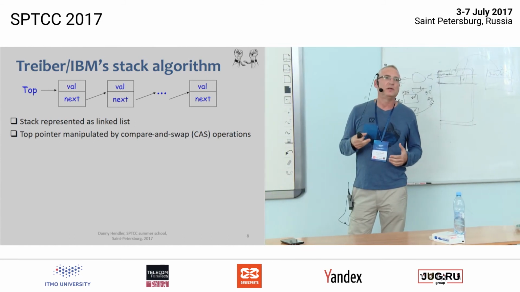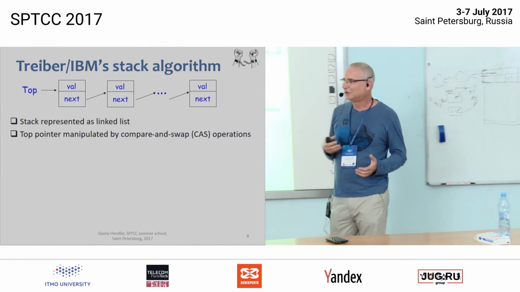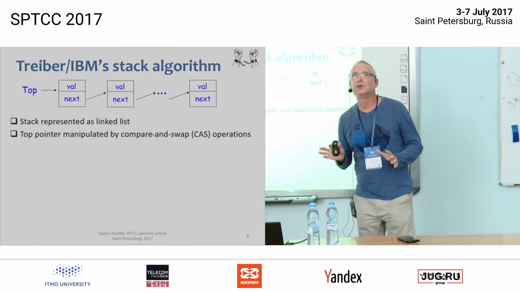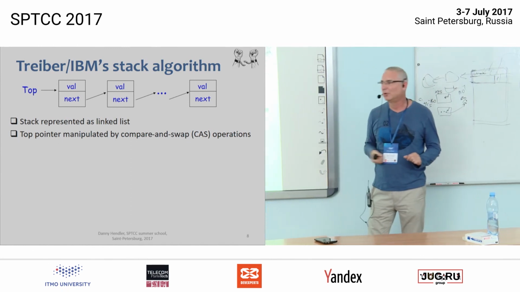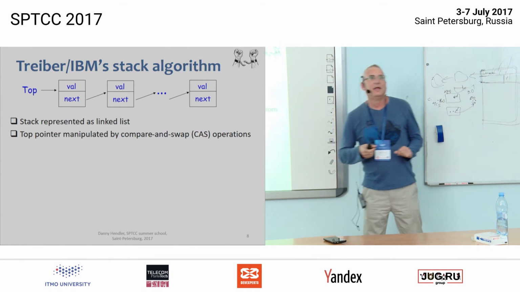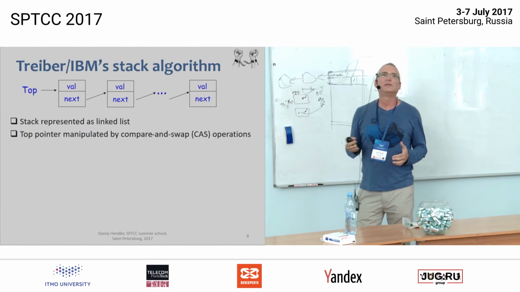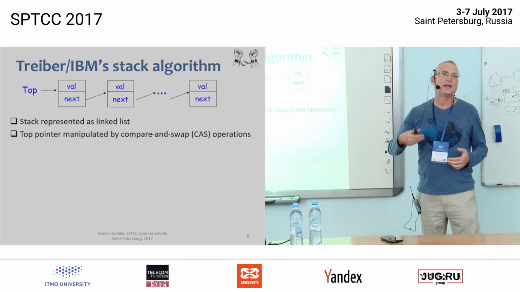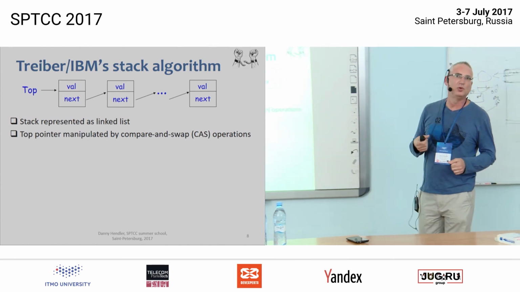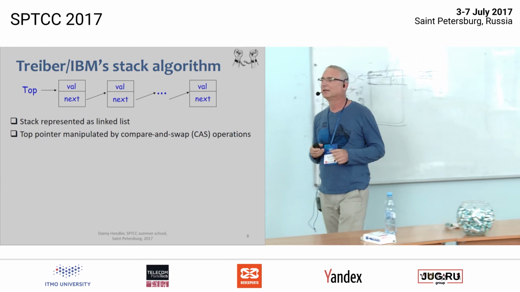And later on, a researcher named Treiber published a variant of this algorithm, so the algorithm is called the Treiber/IBM stack algorithm. I'll just call it the Treiber algorithm. And the idea is very simple. As you recall, a stack supports the last in, first out semantics. So the last item pushed into the stack will be the next item popped from the stack.